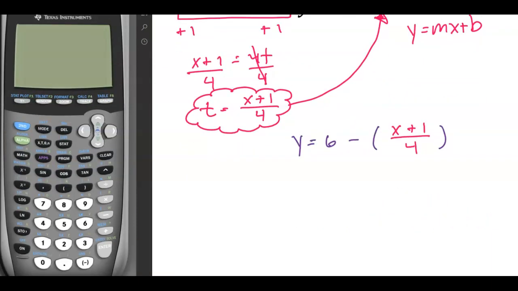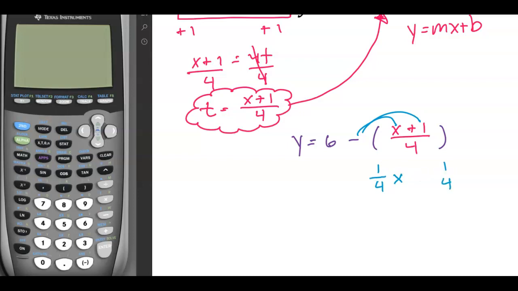So there's multiple ways you could get this into standard form. Let me show you what I would do. First, I would distribute this negative in, and in the same step, I would rewrite x over 4 as 1/4 x, and 1 over 4 after the 1/4 x.